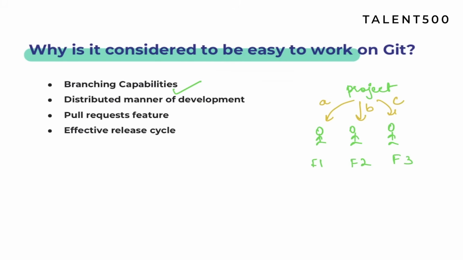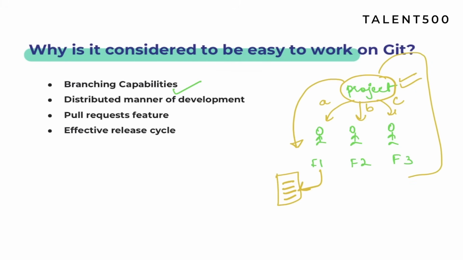They all will make a copy of this project firstly on their machine. Now in that copy, this one can go ahead and implement feature 1. Similarly, this one is going to maintain a copy, and in this copy he can go ahead and implement feature 3.